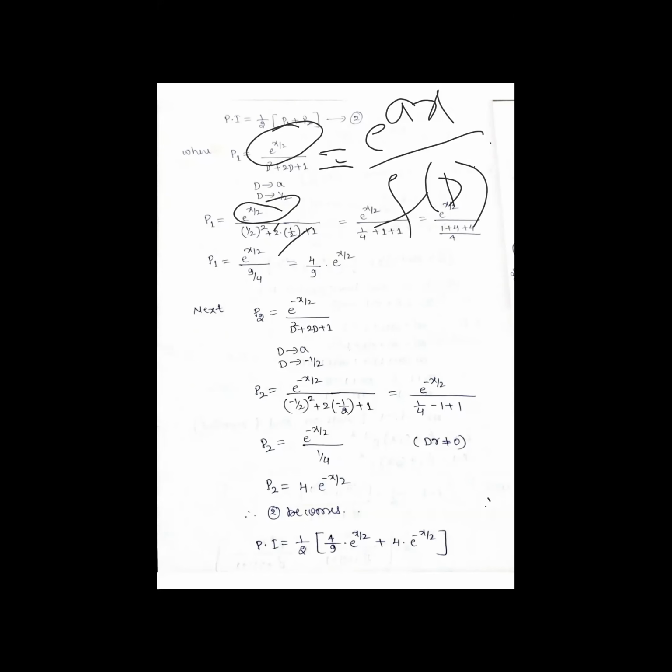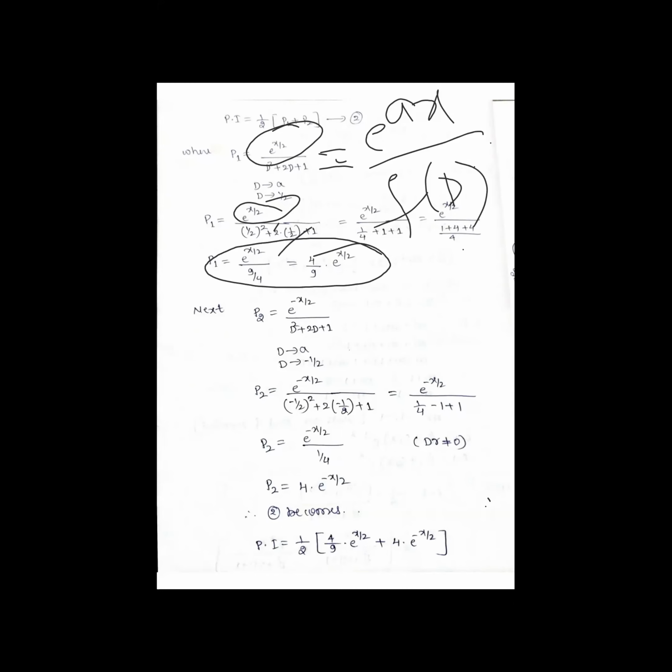Take the LCM, 4: 4 plus 4 is 8, 8 plus 1 is 9. So it is 9 by 4. 4 goes to the numerator, so divided by 9. So P1 is 4 by 9 e raised to x by 2.